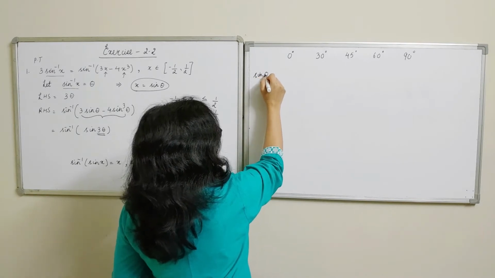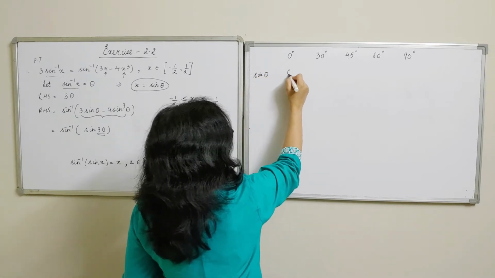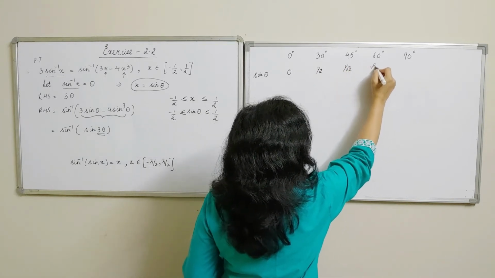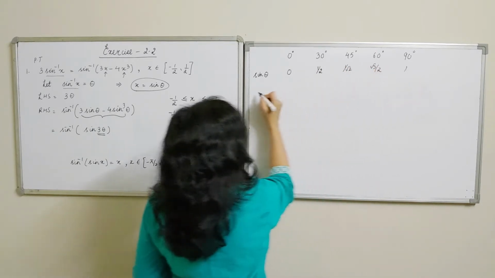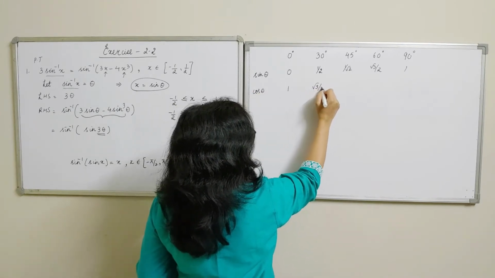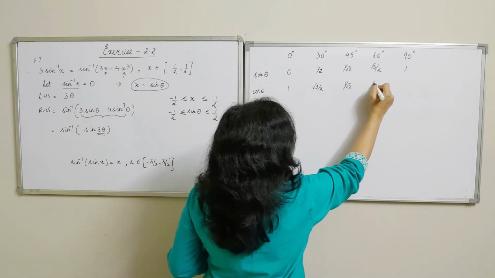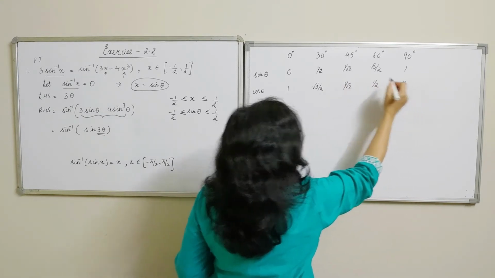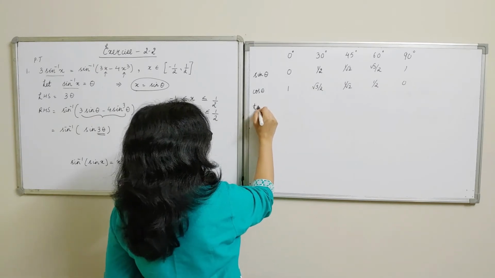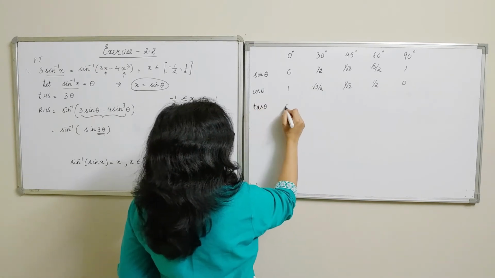Finding out the values, theta is 0, 1 by 2, 1 by root 2, root 3 by 2, 1. Values of cos theta would be, here we have defined angles only in the first quadrant, including 0 and 90 degrees. So tan theta is 0.